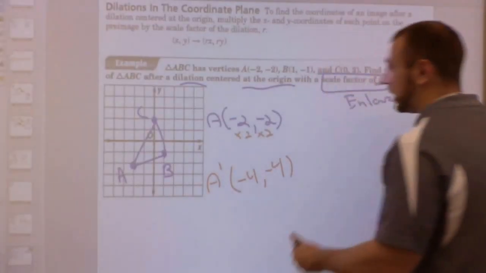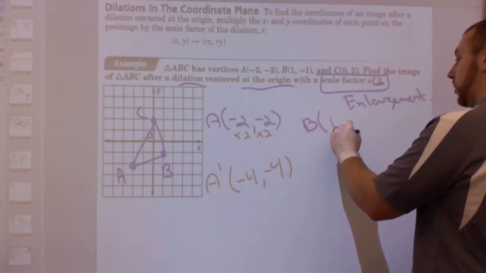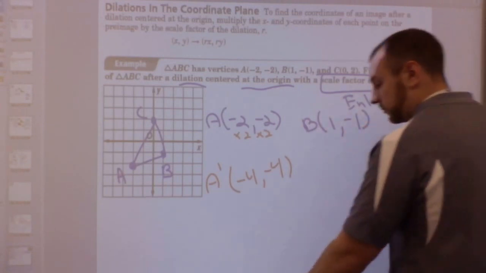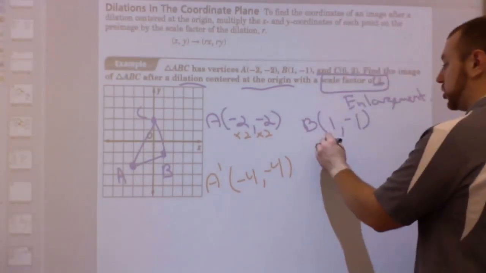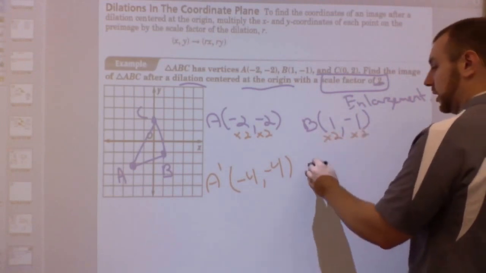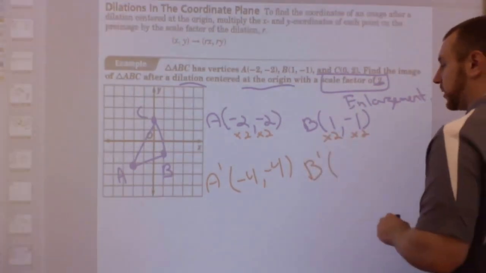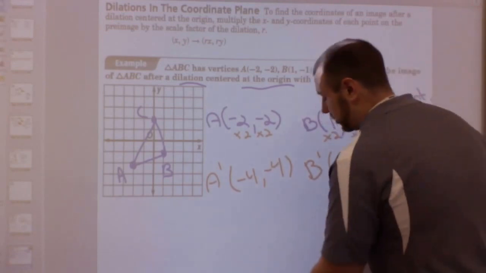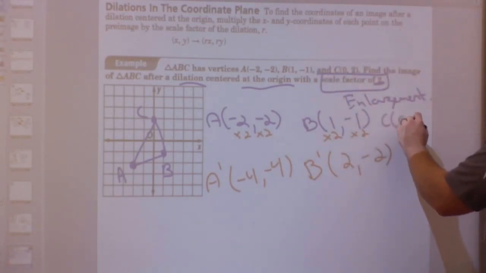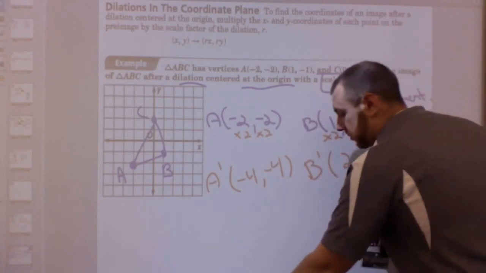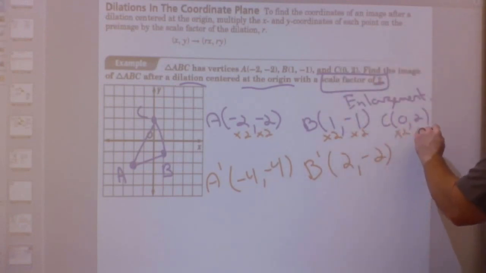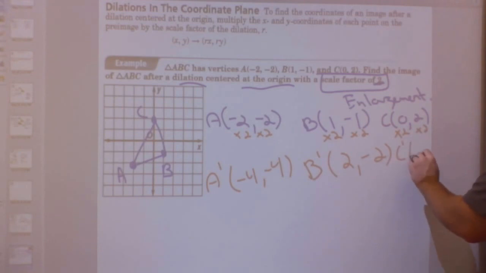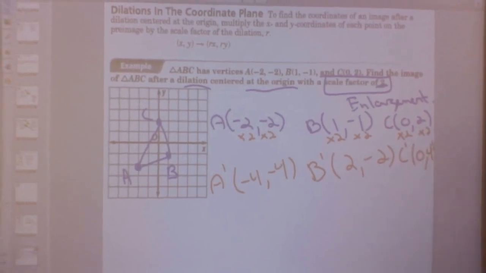Okay, my B was 1, -1. So now I multiply by that scale factor 2, and my new B apostrophe is 2, -2. And I can do the same thing with C, 0, 2. I multiply by 2, C apostrophe becomes 0, 4.